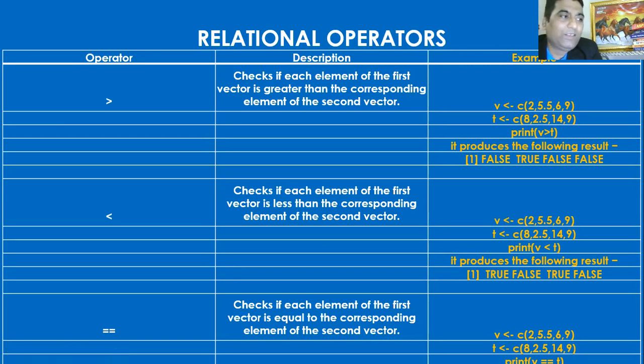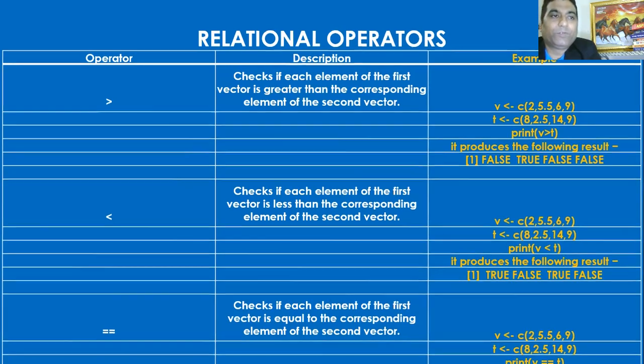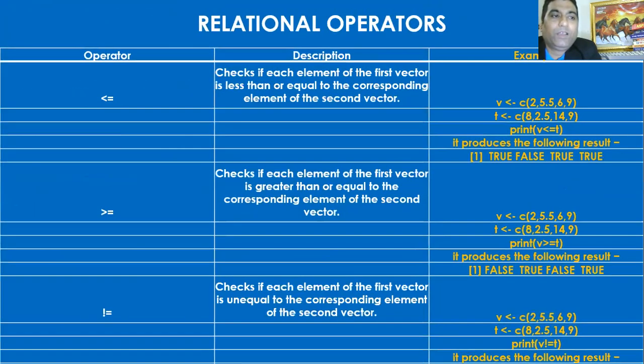So this is a relational operator. Both ways it can be assigned, either from left hand side or from right hand side. And the next is double equal to, which checks equality. So these are the other relational operators.